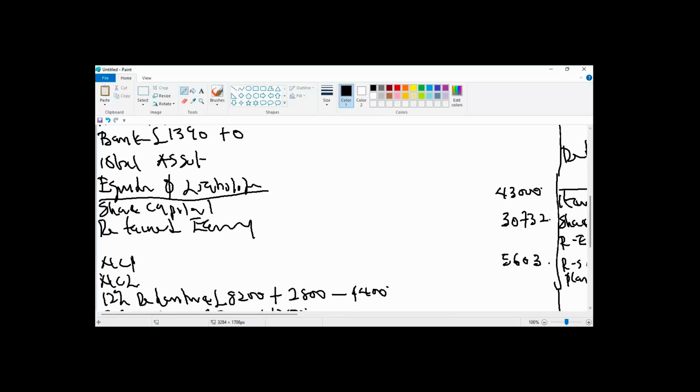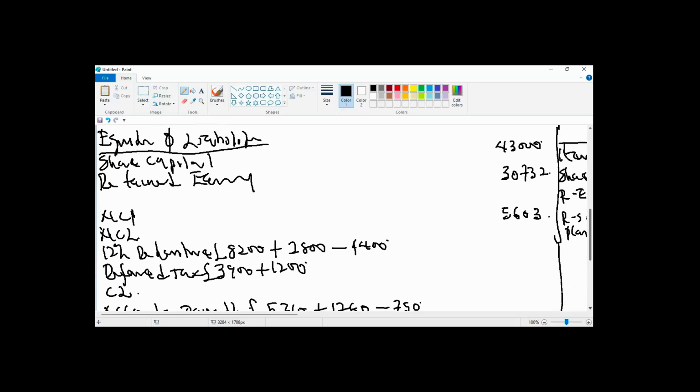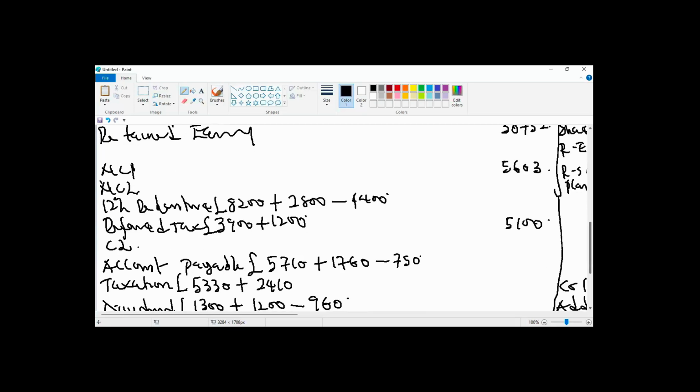Then the debenture. 39 plus 12 will give us 51. Yes, 51. 12% debenture. 82 plus 14, 96.